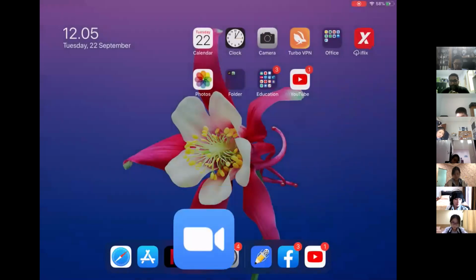The connection is quite weak. Let me restart Zoom on my iPad. Just give me a moment.